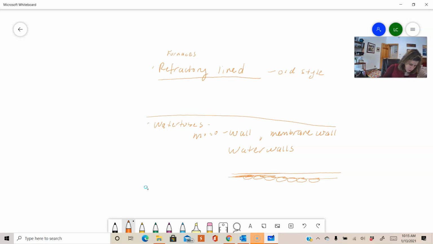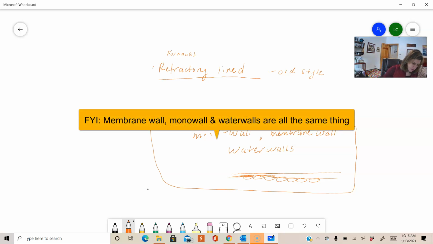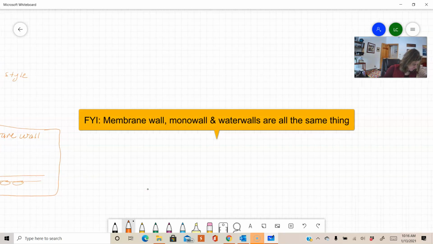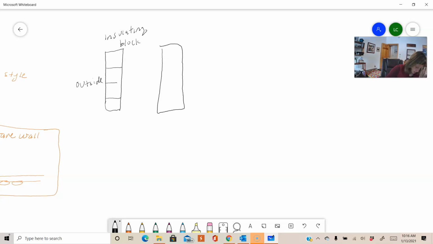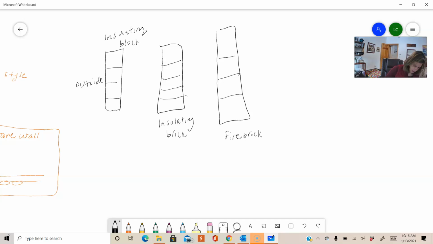So this is what is used in modern day applications, especially water tube boilers, which typically use mono wall or membrane wall. Refractory lined furnaces have this stuff called insulating block. This is the outside of your boiler furnace. And then it goes to insulating brick, and then there's fire brick, and the bottom of your furnace will also be fire brick.